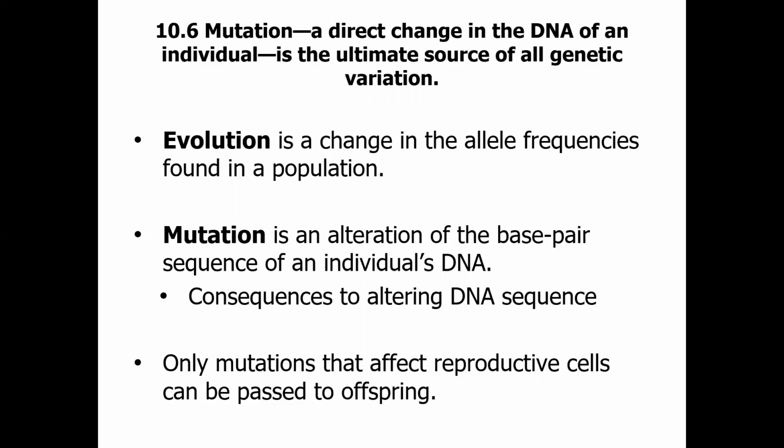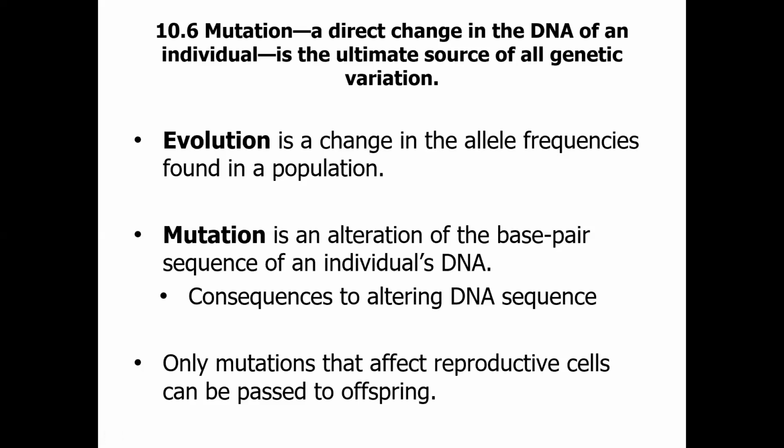And ultimately, this is a form of evolution because we know that changing the base pairs codes for some sort of gene, which codes for some sort of RNA, which codes for some sort of protein. So there will be a change. For mutations with evolution, we only are really focusing on mutations that affect the reproductive cells and can be passed on to the offspring. For example, an individual may have a mutation on a sex chromosome that leads to Down syndrome, like we talked about in the last unit.